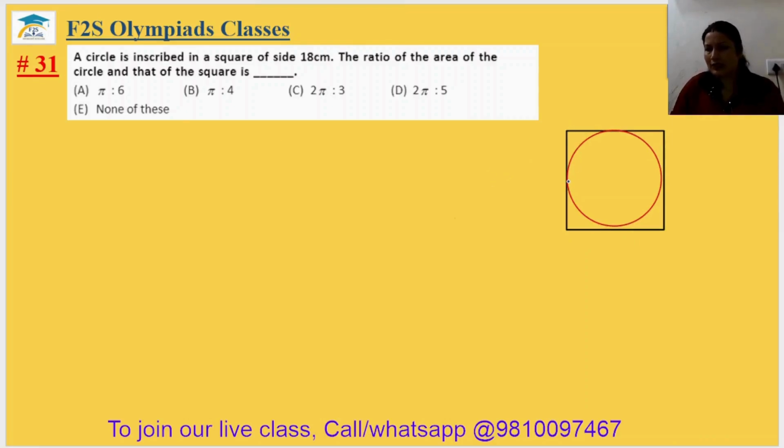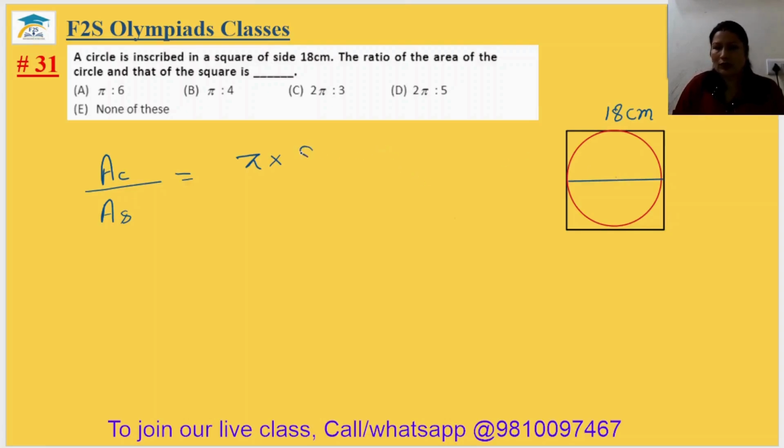Here you can see the diameter of the circle is equal to the side of the square, and its side is given 18 centimeter. So we have to just find the ratio of the area of the circle AC upon AS, area of the square. AC we know that pi r square. So that will be pi, r is 18 upon 2, radius is the half of the diameter.